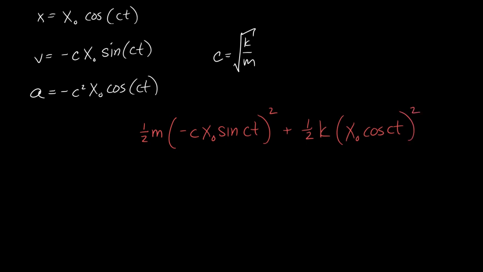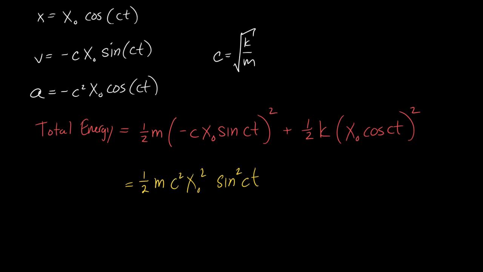For a spring mass oscillator, at any moment in its oscillation, this should be the total energy, with some of the energy in the form of kinetic and some of the energy in the form of potential. 1/2 m. This is going to be c squared x naught squared sine squared ct.